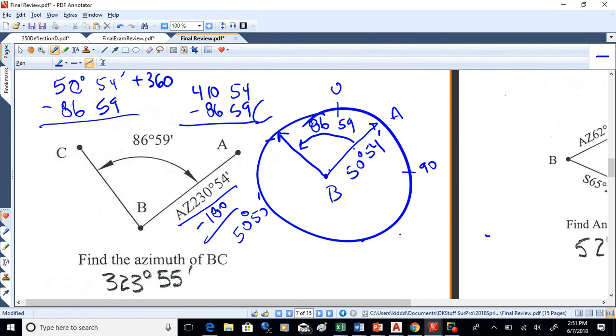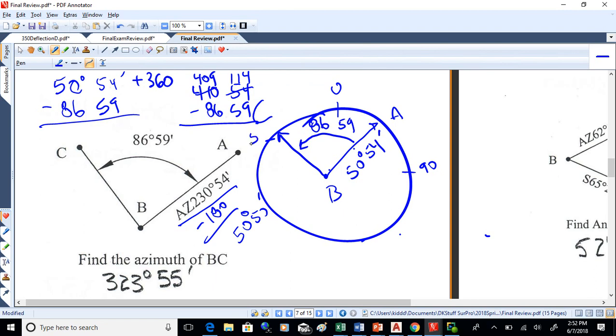But I can't take 59 from 54, so I got to make that 409, right? And then I add 60 to it, so that's 114. Now, I've had another error people make is they carry 100 over because they're so used to doing decimal. When you carry over, you carry 60, not 100, but 60. Okay, remember that? That's another little common error people make.